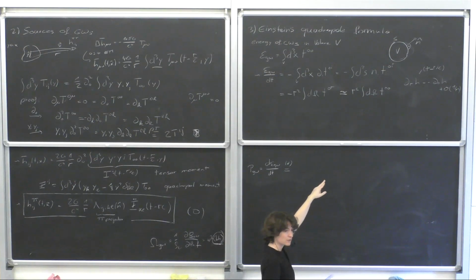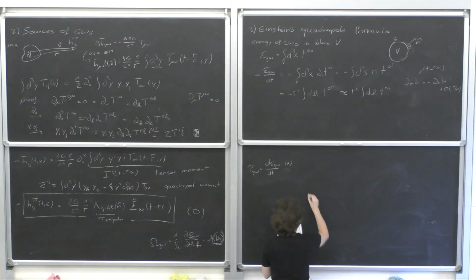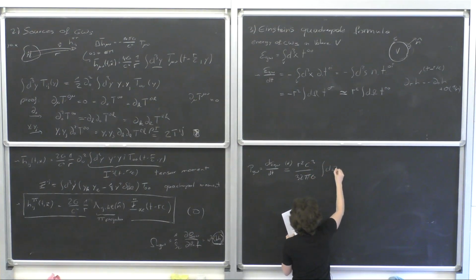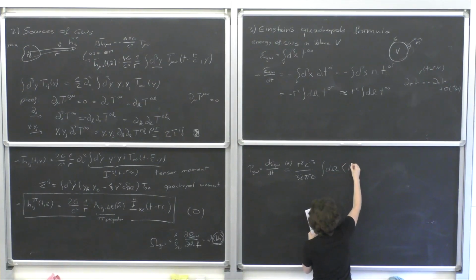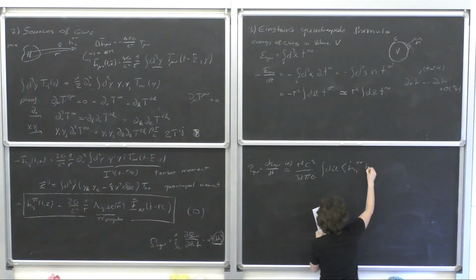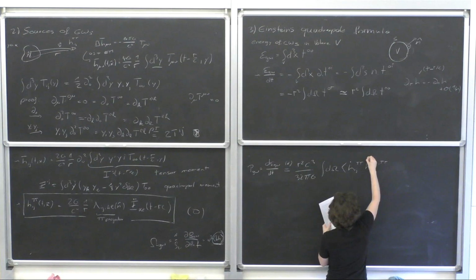So that t_00 is given by the average of the time derivative of the gravitational wave squared. So keeping all the prefactors, I get the surface integral from here, and then I plug in the expression for t_00, so that was h-dot_ij^TT, h-dot_ij^TT.